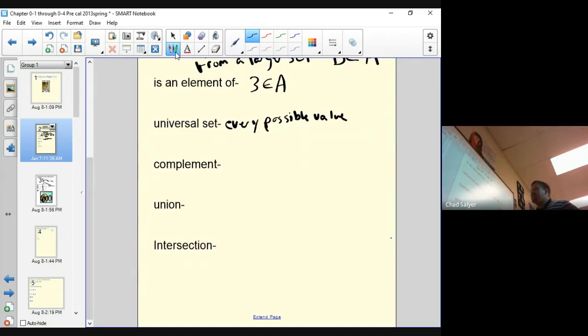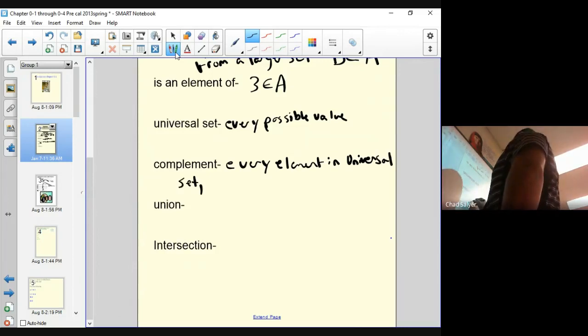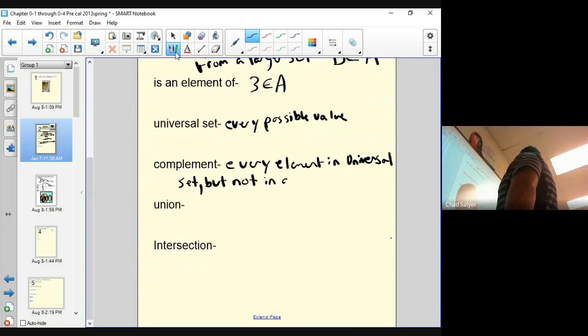So the complement of a set is every element that is in the universal set, but not in a given set.